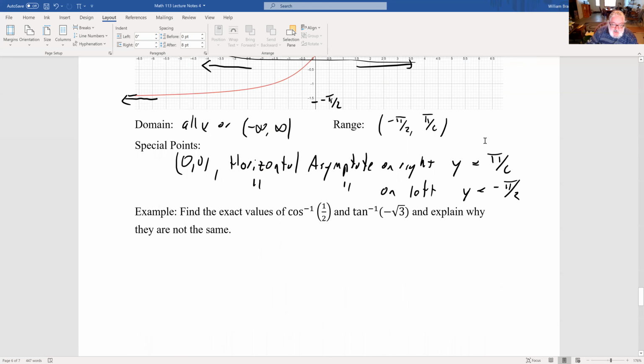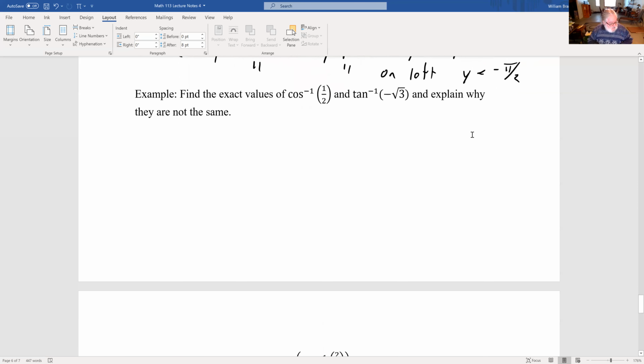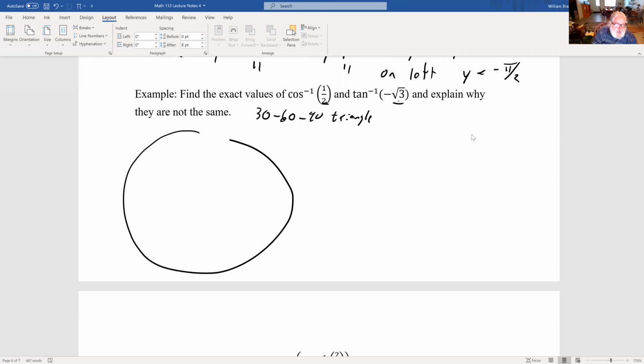So what are the exact values of inverse cosine of 1/2 and inverse tangent of minus root 3, and explain why they're not the same? So these numbers, 1/2 and root 3, tell me I'm dealing with a 30, 60, 90 triangle. Cosine is x, so I can draw my unit circle.